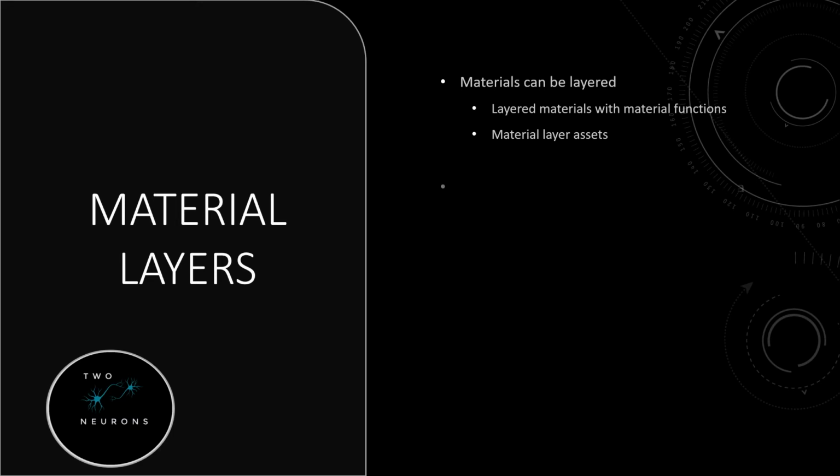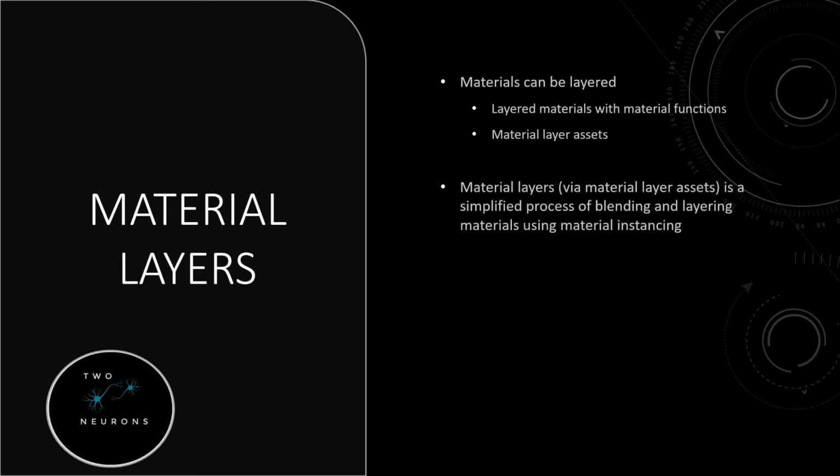Now, material layer assets are a simplified process of blending and layering materials that takes advantage of material instancing. That last little bit is not something that happens with material functions, and we'll come back to why that might play a role in choosing between material functions and material layers in a moment. But simply put, it allows us to create what would be overly complicated materials in a more manageable way.